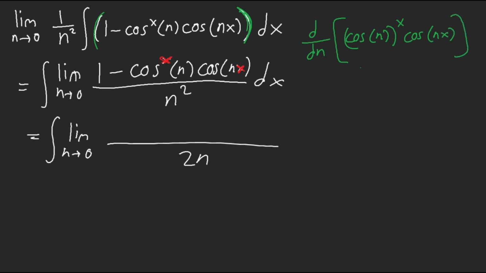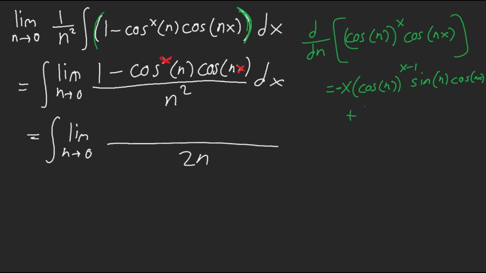So, again, it's okay to be very careful. We have x, this is x, cosine of n, x minus 1. And then we have sine of n, negative actually, this would be negative, and then times cosine of nx.